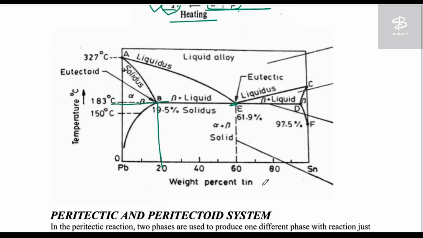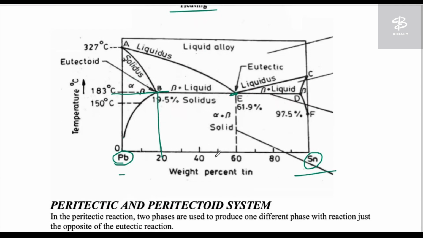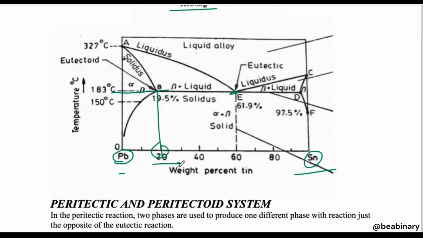This is the particular example of Pb, lead, and Sn, tin. If you have an alloy of Pb and Sn, lead and tin, the tin is increasing in this direction.